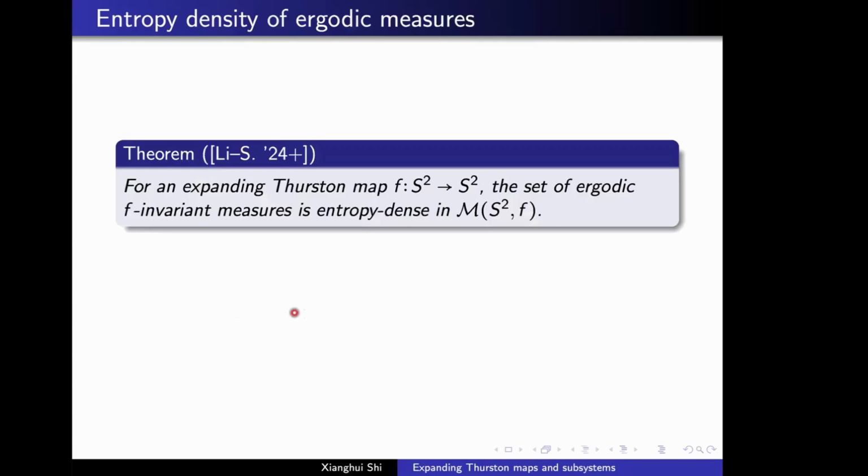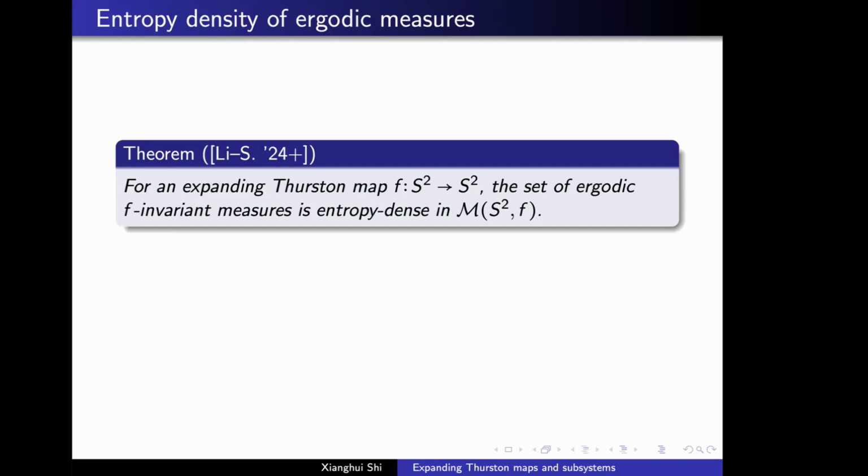So we show that for every expanding Thurston map F, the set of ergodic T-invariant measures is entropy dense in the space of T-invariant measures. In other words, one can approximate non-ergodic measures with ergodic ones with similar entropy and expectations. Okay, you see this property is very useful.